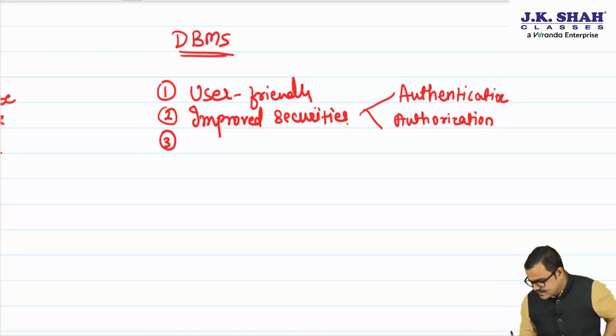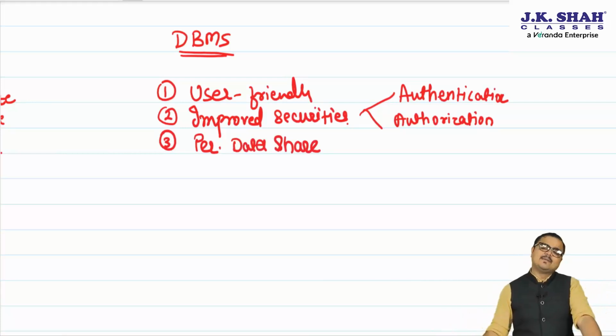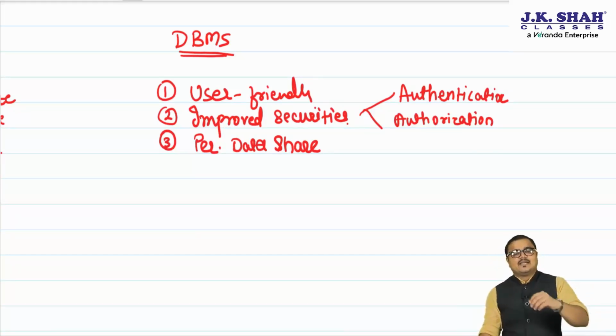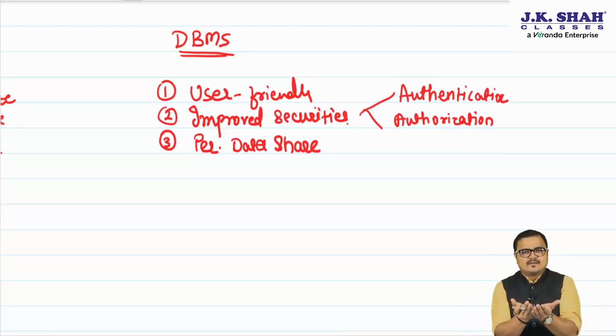Number 3, it purely permits data sharing. If you want to share data between systems, data sharing can be easily possible with the help of a database management system. Example: the Indian Railway ticket booking system. There is one common platform for this, called IRCTC.